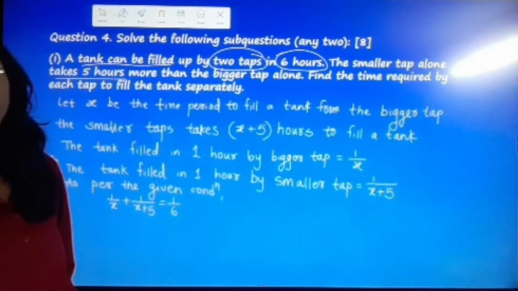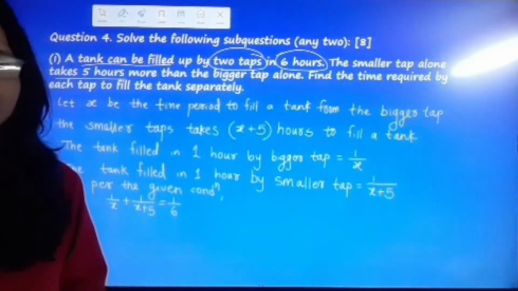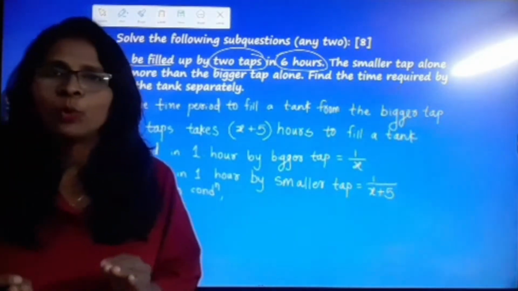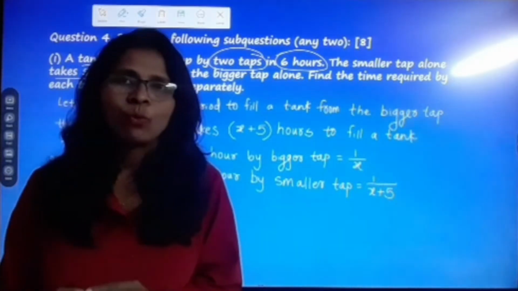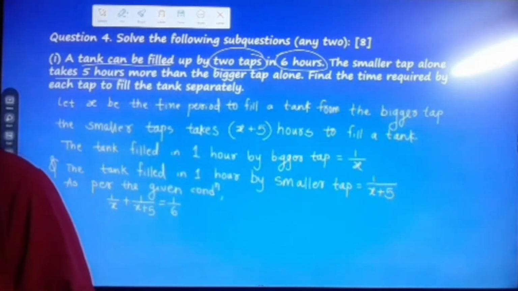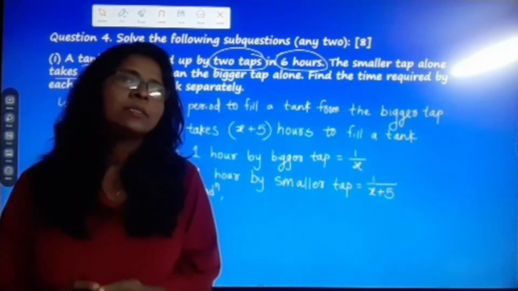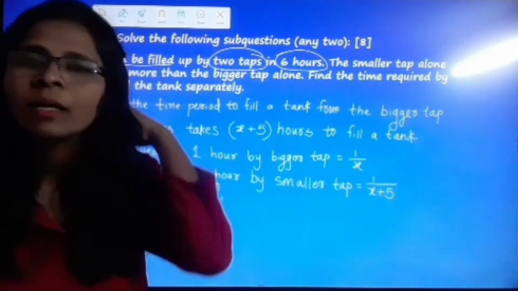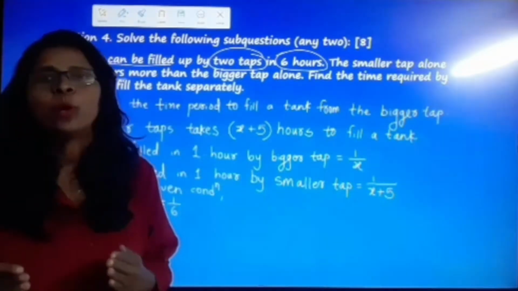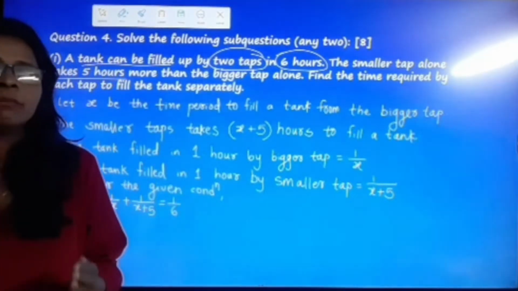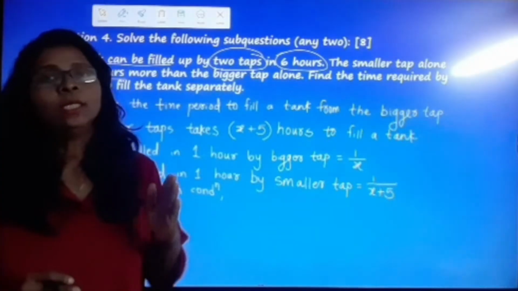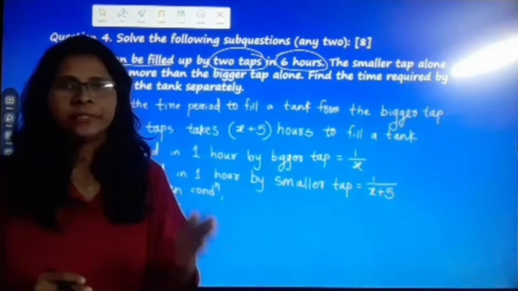Okay students, because both taps are used. So I write down here 1 upon x plus 1 upon x plus 5 is equal to 1 upon 6. This is our condition.